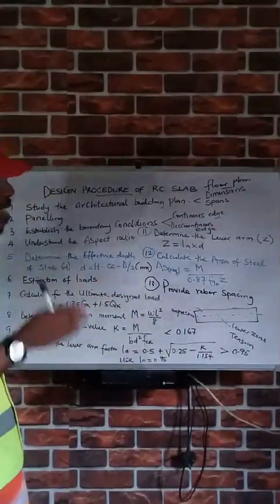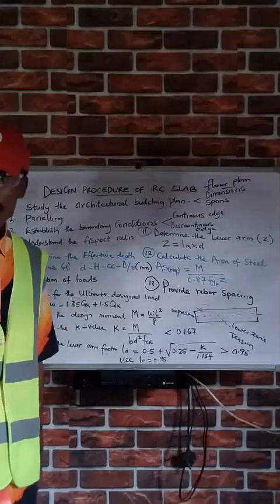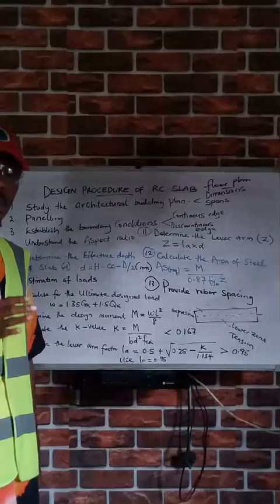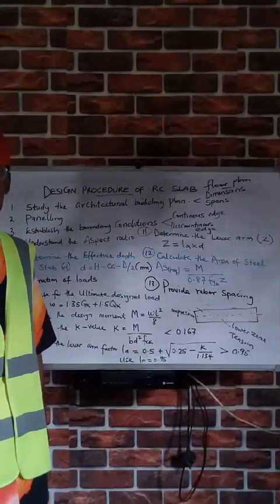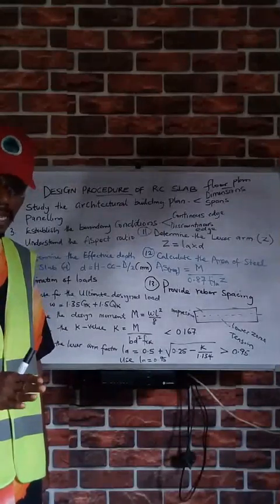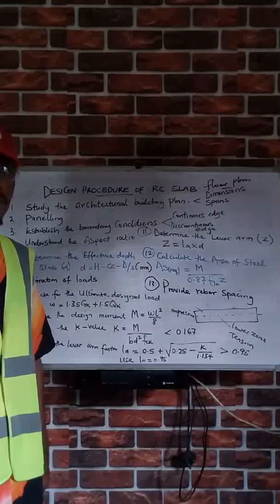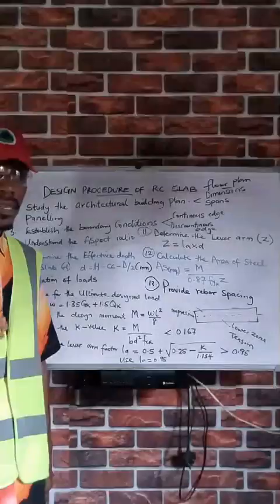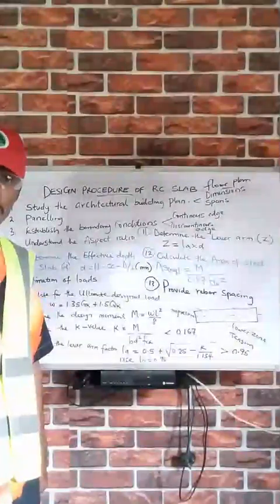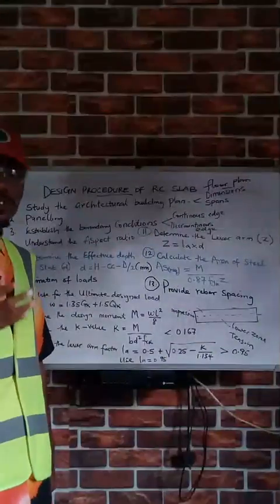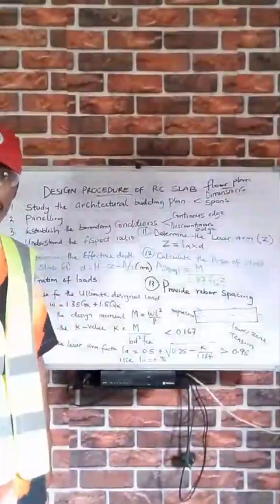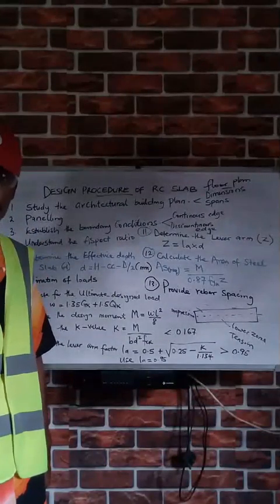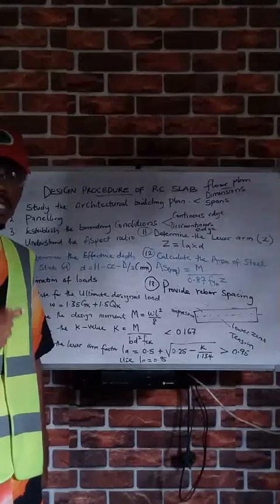So at the end of each design for the panels, you have to provide area of steel. But while you're providing it, you don't include the number of the reinforcement yet. All you need to do is to identify the strength of the steel that you're using, whether it is high yield steel or mild steel, and I told you the notations that we use to represent our mild steel and our high yield steel. So you state the strength of the steel, then you state the diameter.